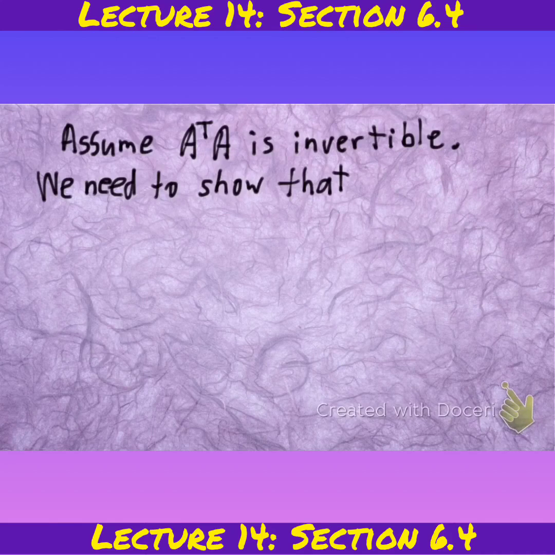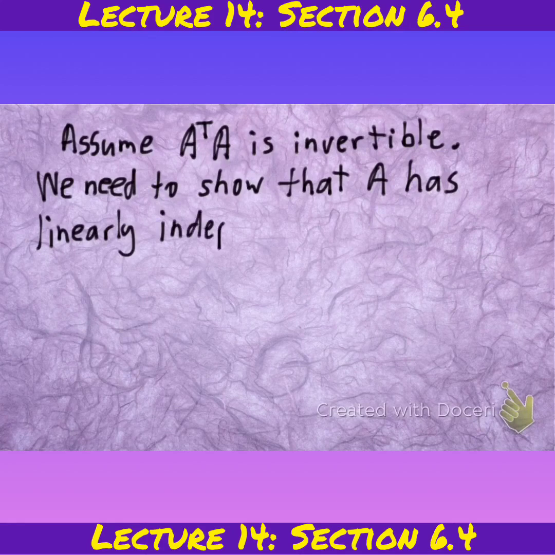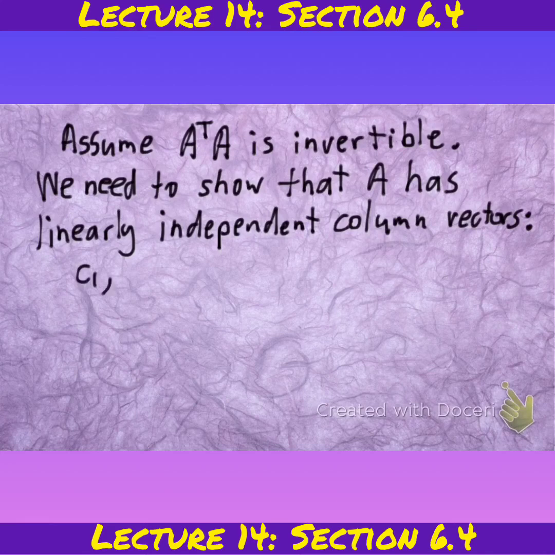We need to show that A has linearly independent column vectors C1, C2 up until Cn.